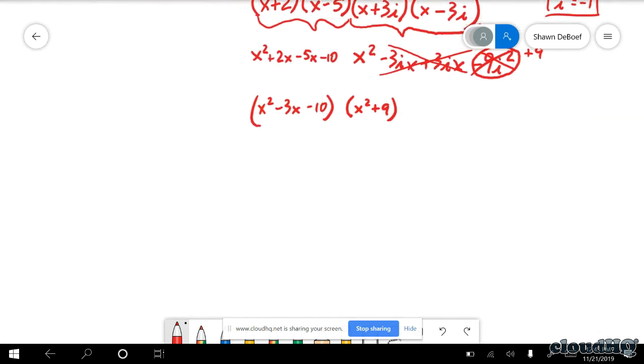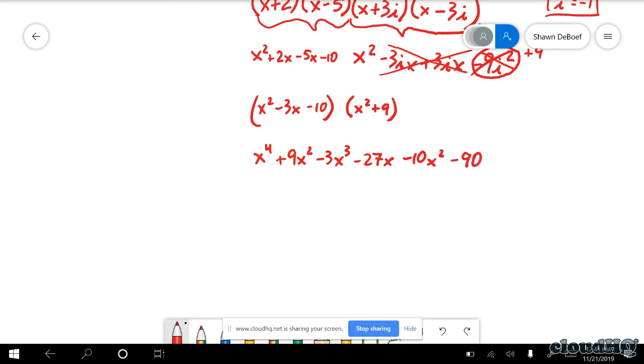Remember our multiplication of polynomials that we just did recently? Yeah. Here we go. x to the 4th plus 9x squared minus 3x cubed minus 27x minus 10x squared minus 90.